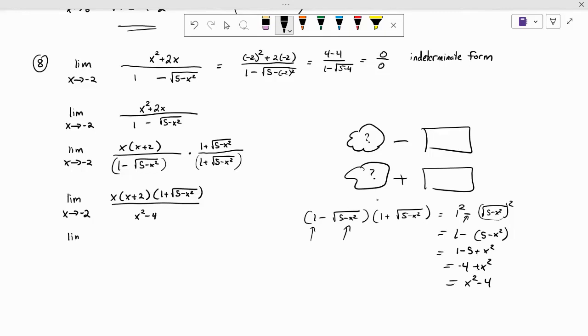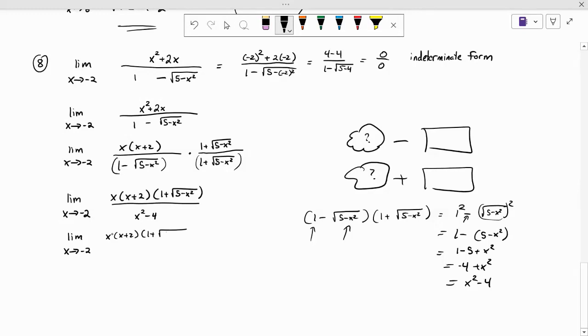Okay. So can we do any other algebra here?